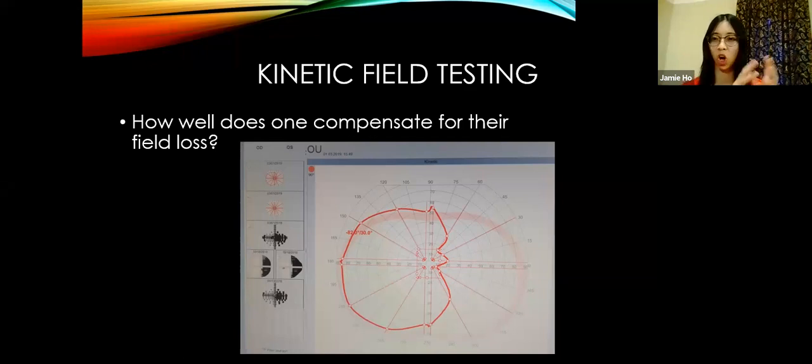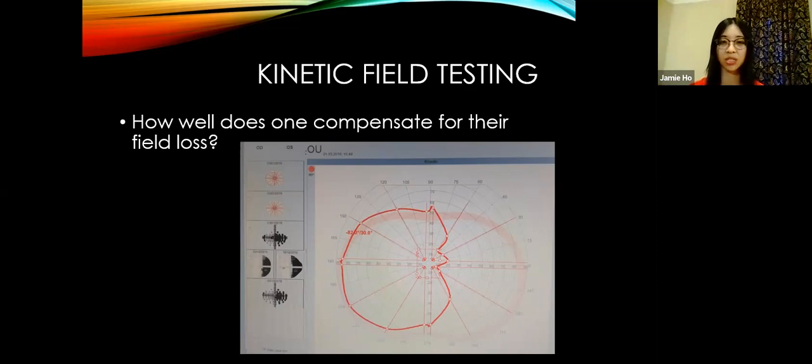It's usually a target, and on my machine we can adjust how big the target is. I tell my patients it's like a shooting star. Instead of the light turning on and then off like the last two types of fields, the light actually travels along a path, and my patient still stares in the center, and when they see it, they click the button. So it is a moving target.